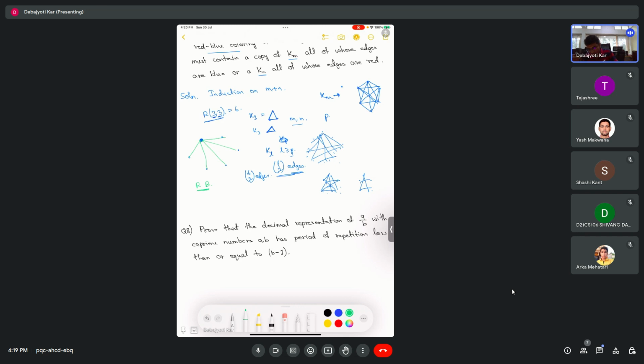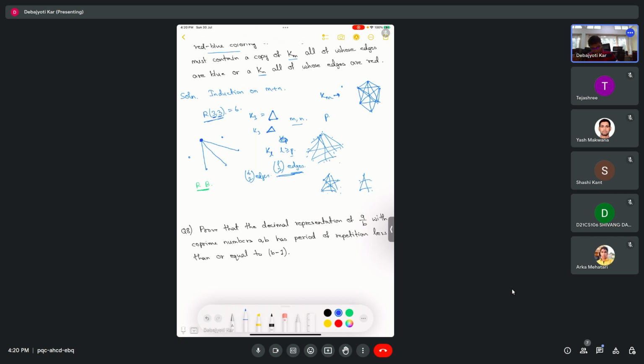There are 2 holes and 5 pigeons, so at least 3 edges must receive the same color. Let's say, without loss of generality, that these 3 edges receive blue color.